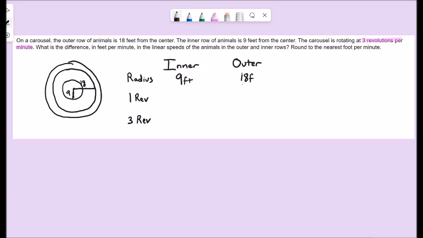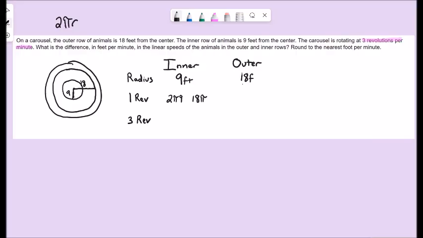Okay, so for 1 revolution, I should keep it with the actual formula here. Just 2 pi r, remember, is the circumference of a circle. So we do 2 times pi times 9, which would be 18 pi.